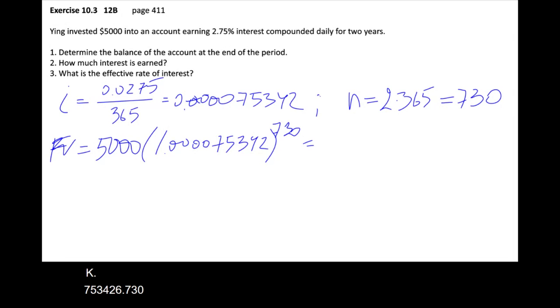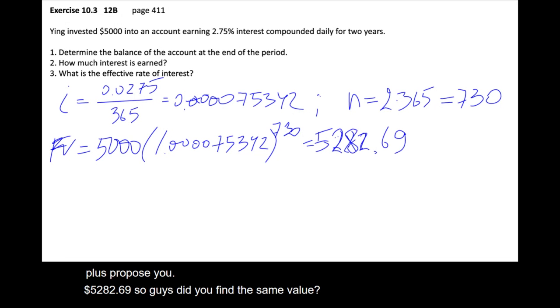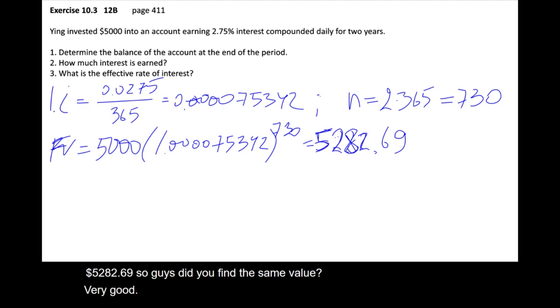So 1 plus equals $5,282.69. So guys, did you find the same value? Very good. So that was question 1.